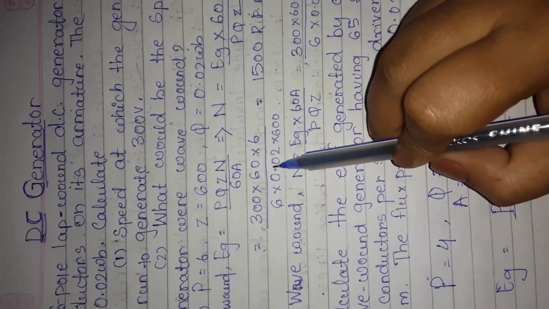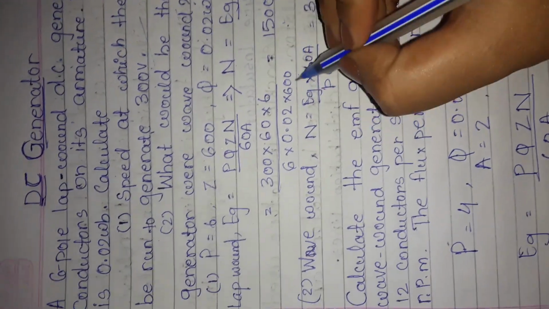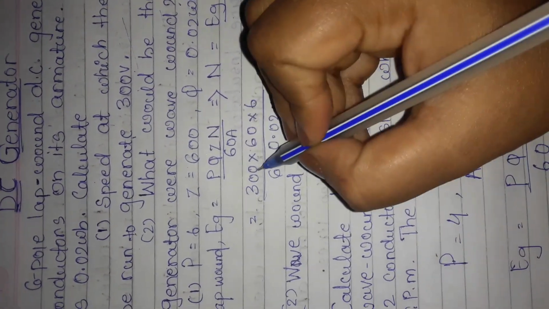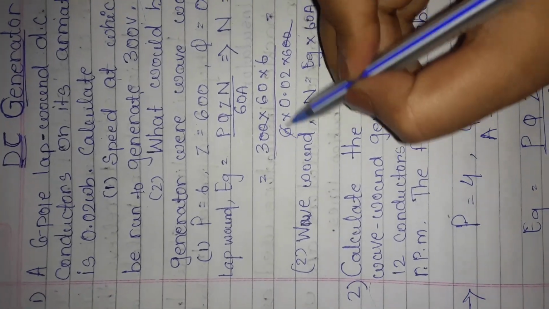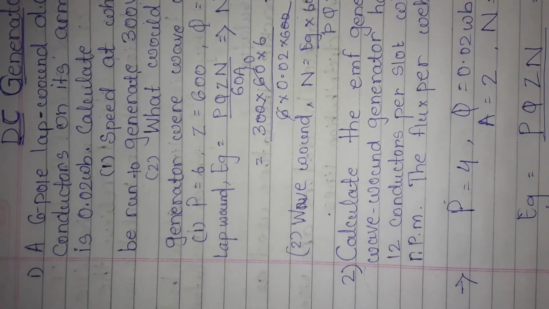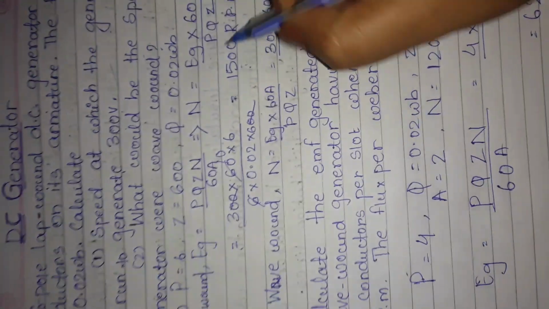By solving this, we will get 1500. We can solve them easily. We will cancel the 00 and 00 here, and 6 tens are 60. Then we get 1500 rpm.